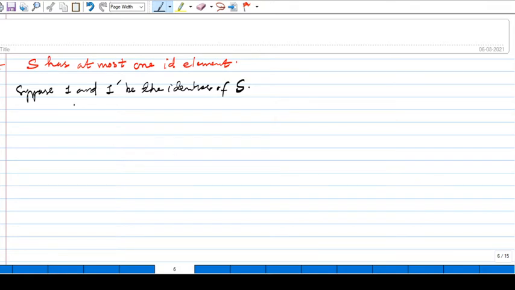Then definitely 1 dash equal to, what is the property of the identity? When you multiply it with any number, you will get the same number. So 1 dash can be 1 times 1 dash. It is because 1 is an identity.